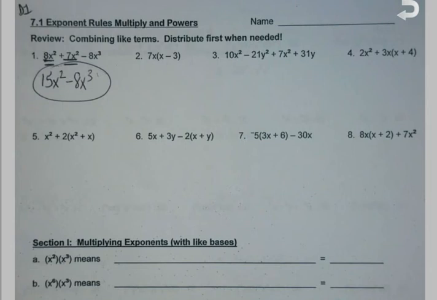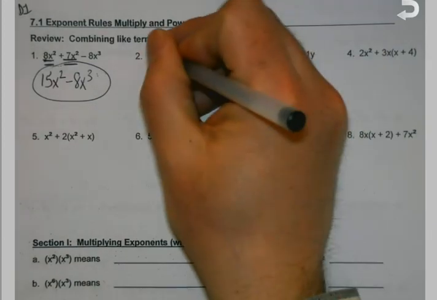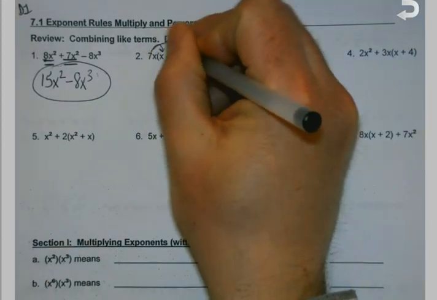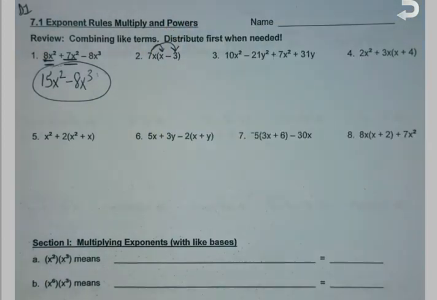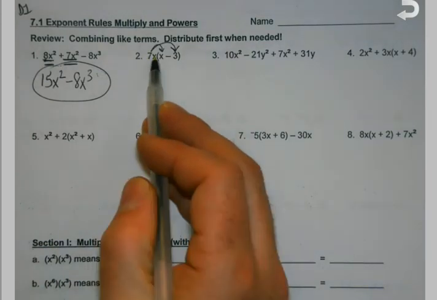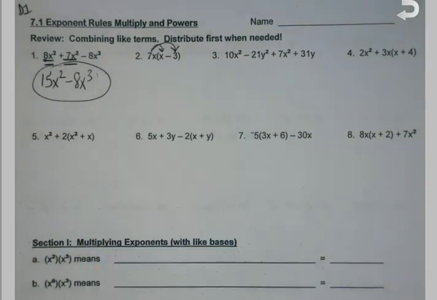You're like, okay, that's not too bad. I can handle that. But what about when we do have to start multiplying? What about in a situation like number 2 where I have to distribute? That first one's the one we're probably going to get stuck on. If I take 7 and do x times x, what's x times x equal?